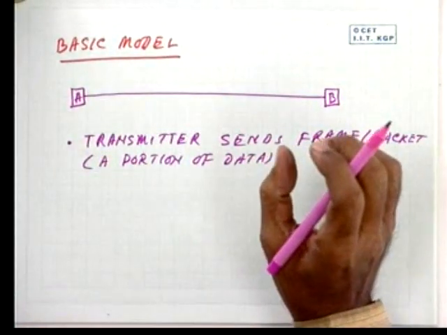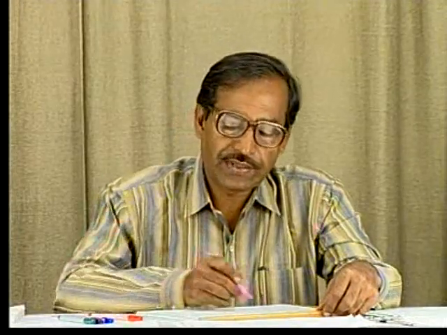We have already discussed the disadvantage of message switching. In message switching, a large block of data is sent, and which is not very advantageous. There are many problems in it, and we have seen that.